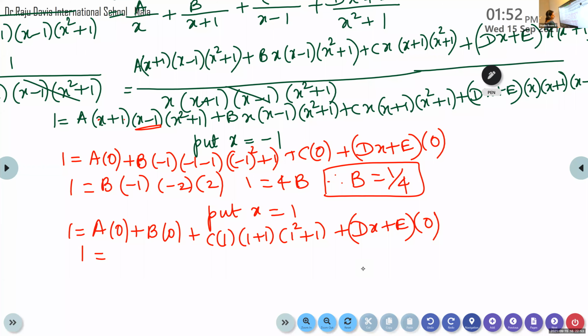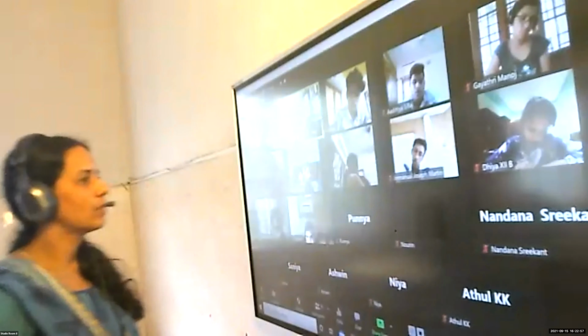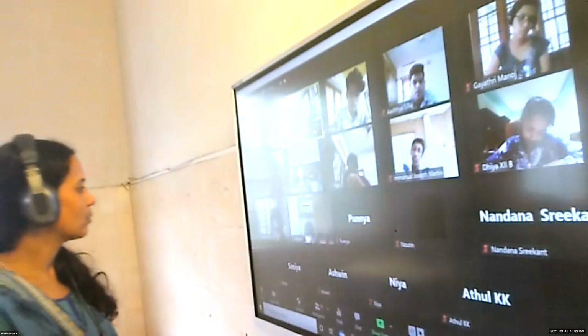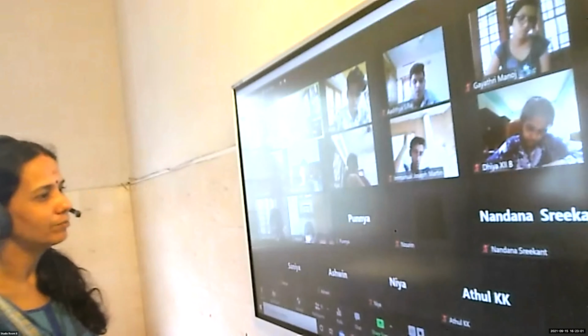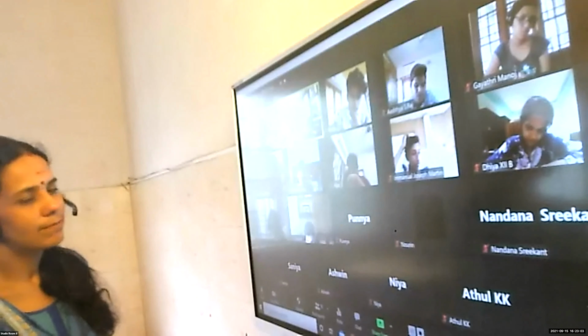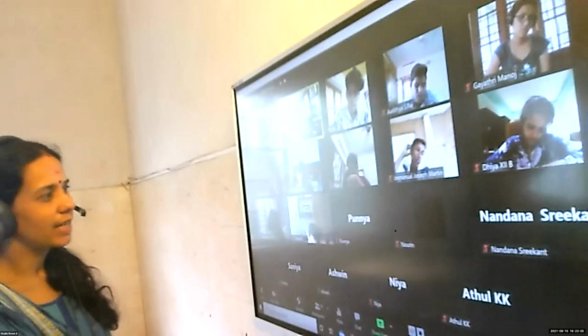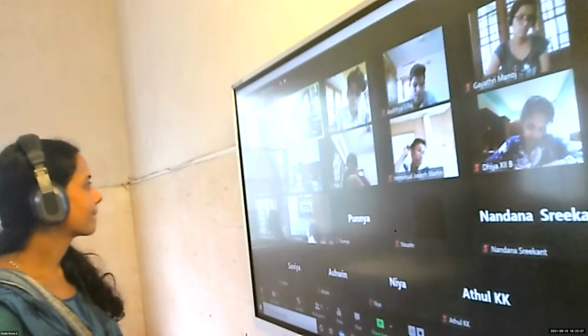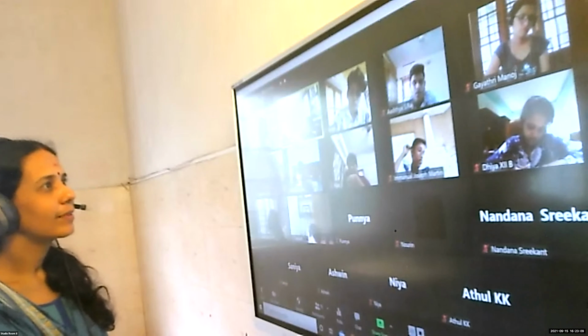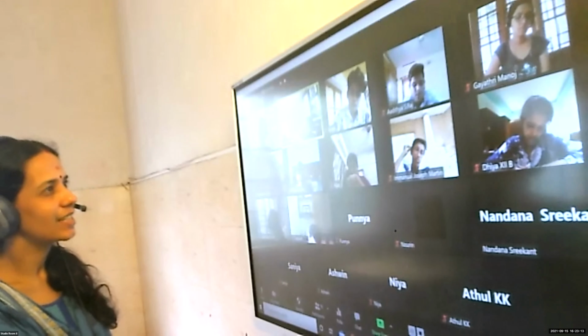How to do that? What is the next substitution you can try? We put x is equal to 1, we put x is equal to minus 1. What is the next substitution you can try? Yes, Nandana. Aditya. Is there any other linear factor?